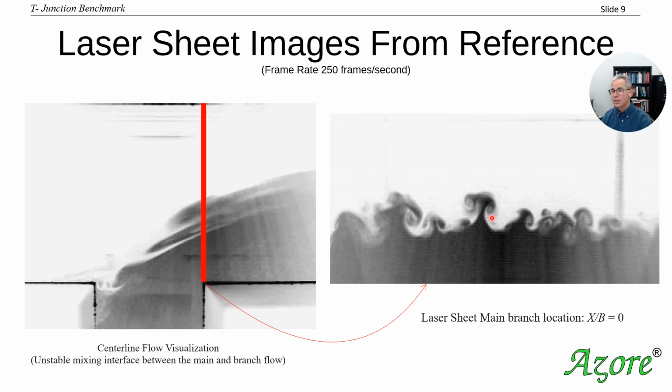You can see from this image that instantaneously the flow structures are not symmetric, though they're similar all the way across. But if you imagine that after you average all of these together, you're probably going to get something very symmetric across here. Those are the assumptions that we made when we put our CFD model together.